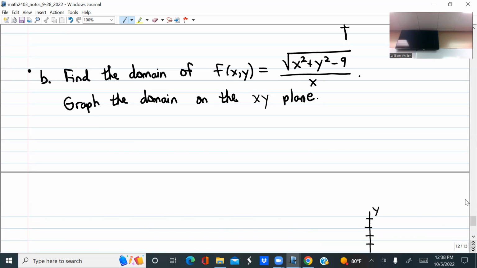You don't have to make it perfect. Then test the point.